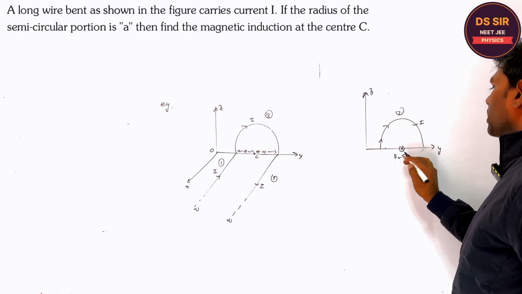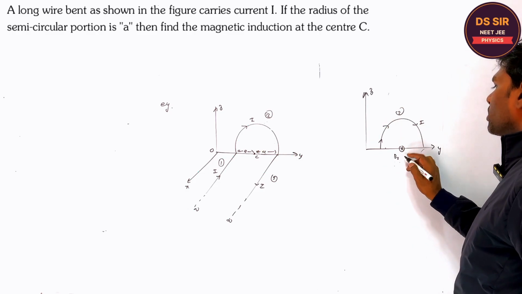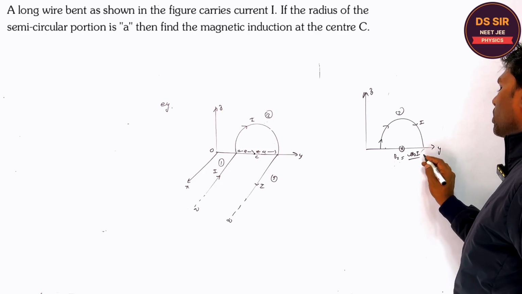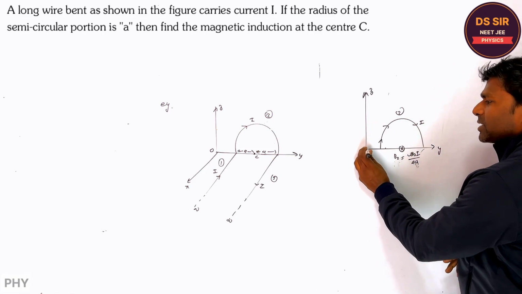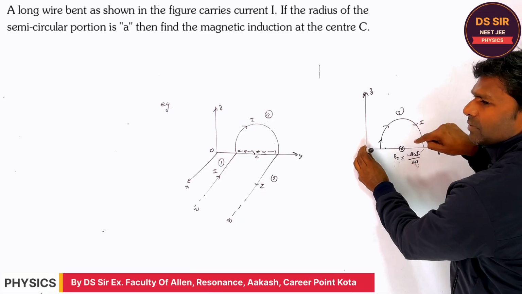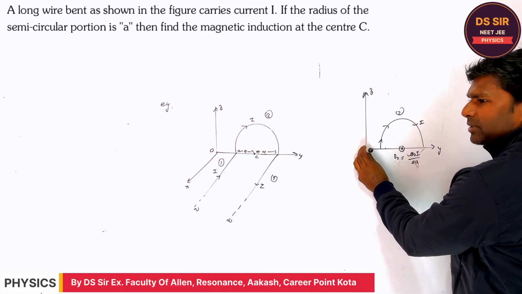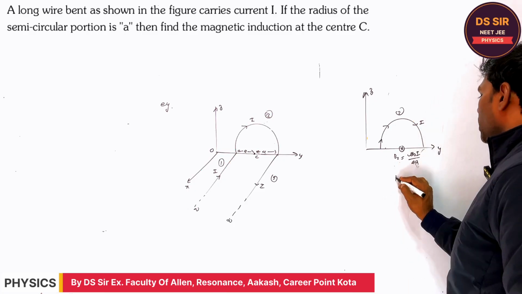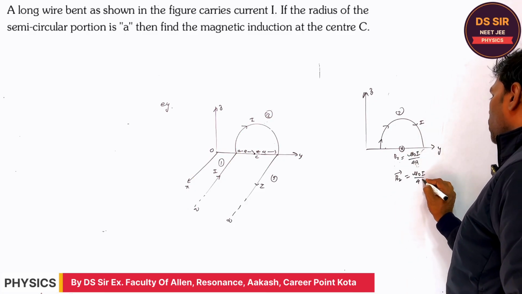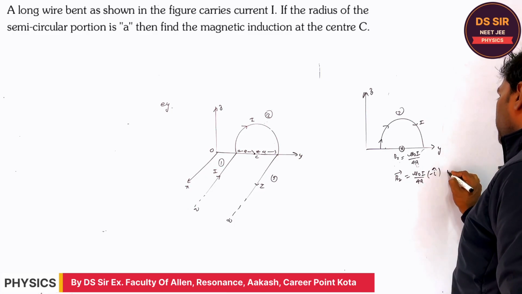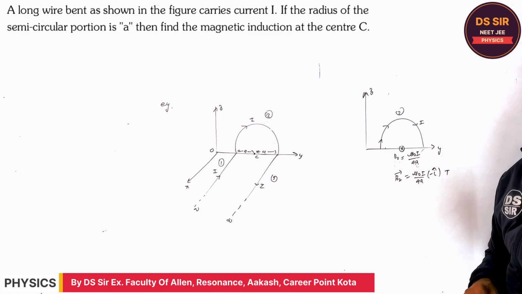The B2 due to the semicircle is mu naught I upon 4R, and R is A. If this is X, its direction is minus X. So in vector form, you will write mu naught I upon 4A, minus I cap, Tesla. Is it clear or not, you tell?